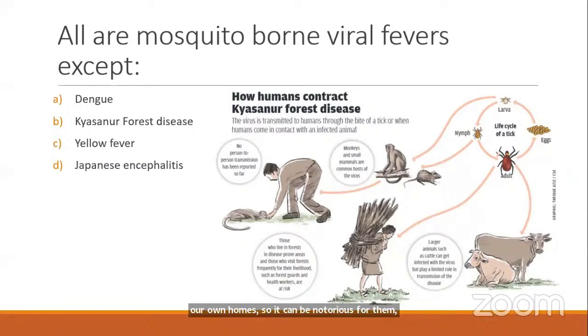And those who are living in close proximity to the forest and who take their cattle for feeding deep into the forest will usually carry these ticks back to their home, and can get Kyasanur forest disease. So it is a hemorrhagic disease, always remember, but though it is actually a self-limiting disease and there is nothing much to be done, some cases can go wrong.